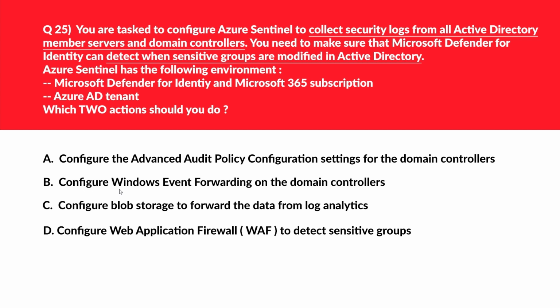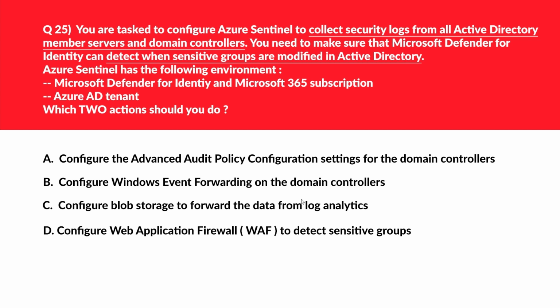B says configure Windows event forwarding on the domain controllers. To enhance detection capabilities, Defender for Identity needs the Windows events listed in configure event collection.